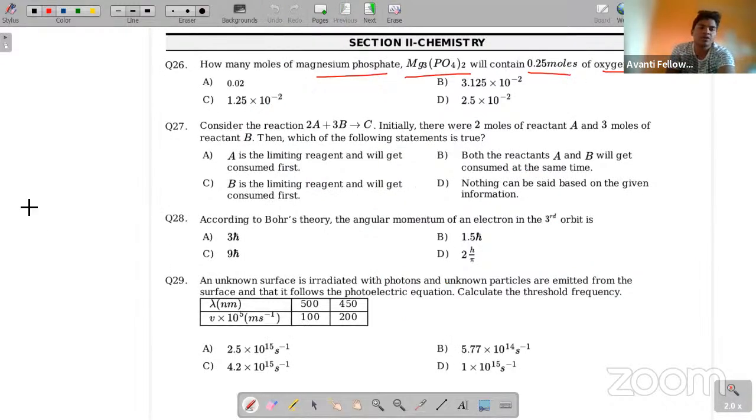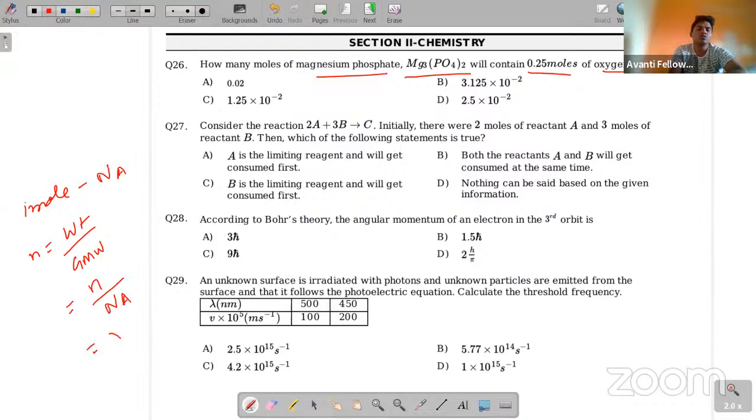Again, remember 1 mole always consists of Avogadro number of atoms, molecules or particles. And mole can be calculated by weight divided by gram molecular weight, or number of entities divided by Avogadro number, or volume divided by 22.4 liters at STP, standard temperature and pressure.